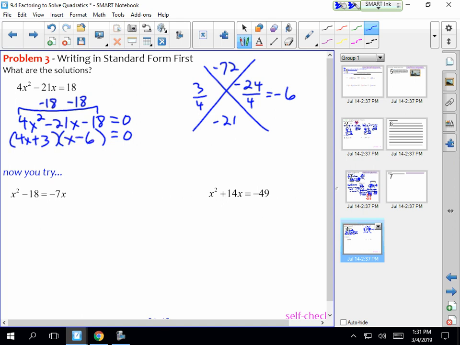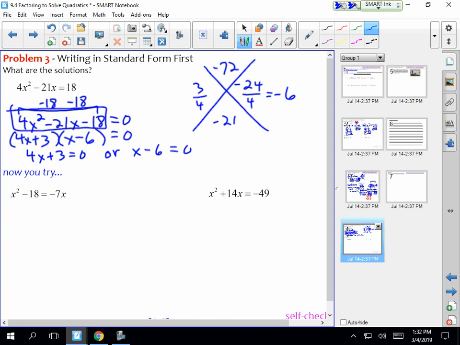Bottoms up. So it's 4x plus 3 and x minus 6, and then I set 4x plus 3 equal to 0, or x minus 6 equal to 0. So we just keep adding another layer here. But you guys can factor something like this. This is not a problem.